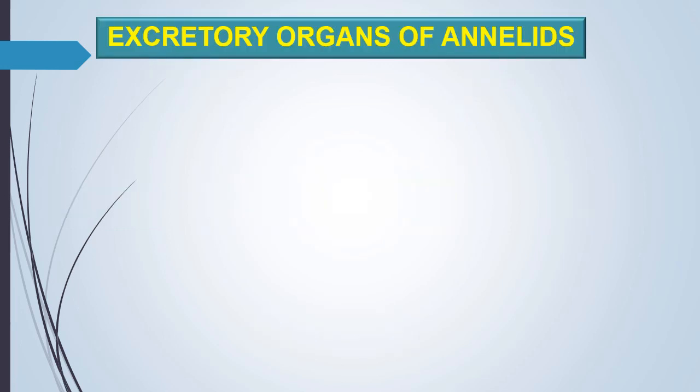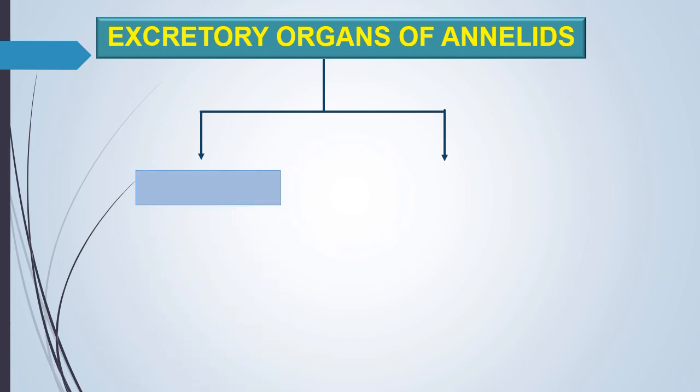Excretory organs of Annelida. The organs of excretion make up the excretory system. Every animal has certain specific organs that are responsible for elimination of waste from the body. These organs are called excretory organs. Excretory organs of Annelida are categorized into two types: the primary excretory organs and secondary excretory organs.